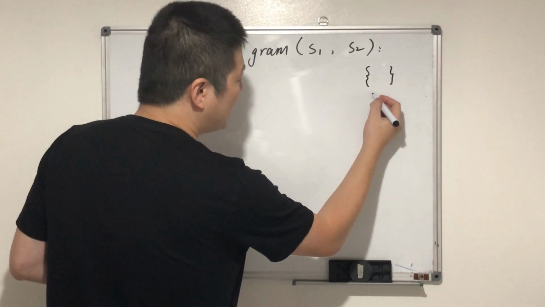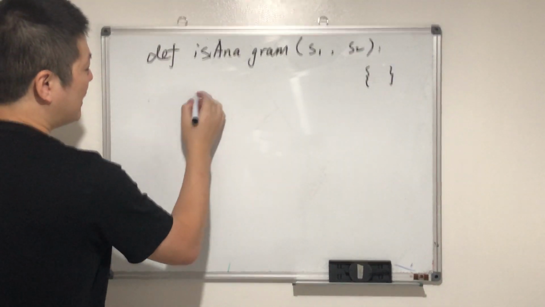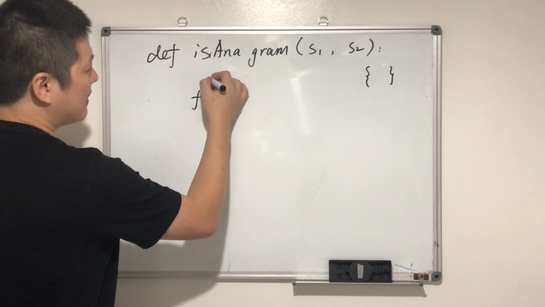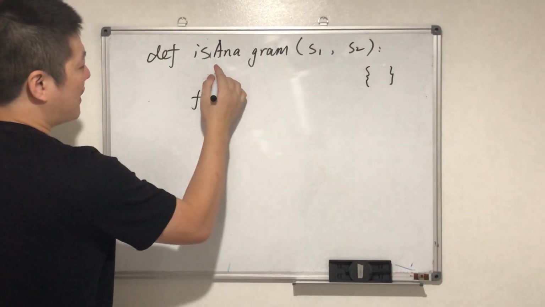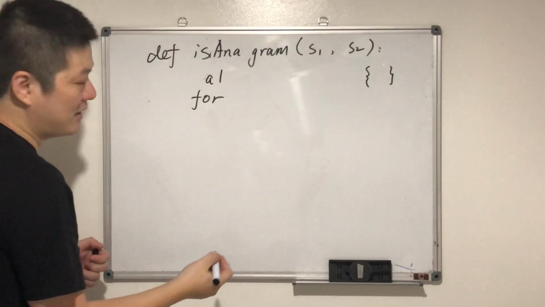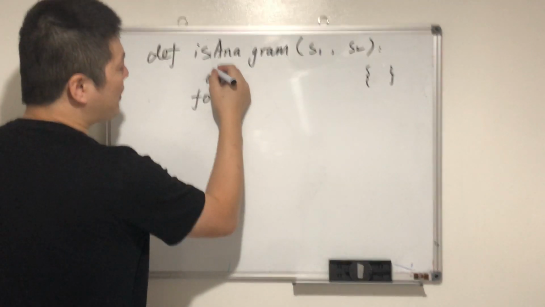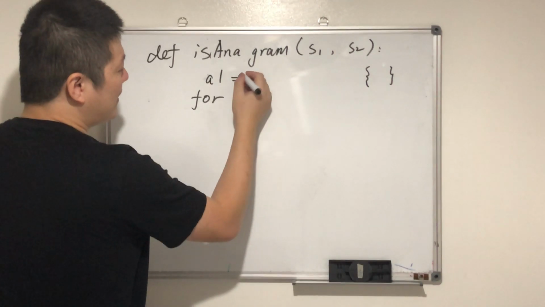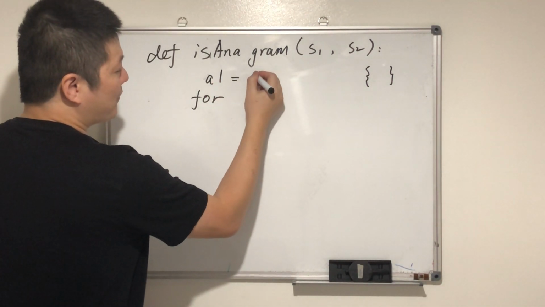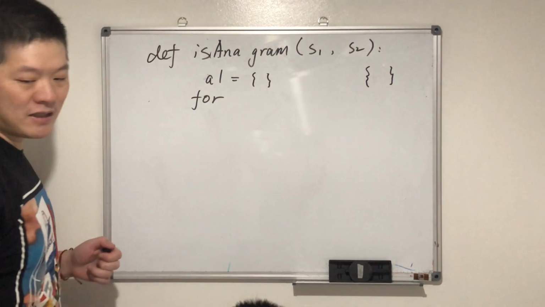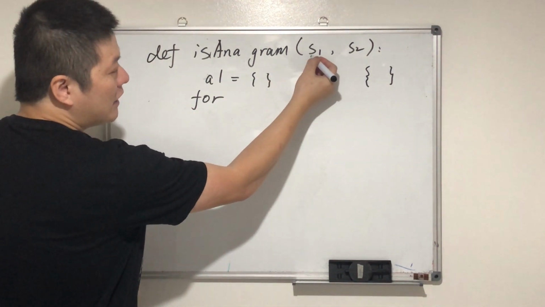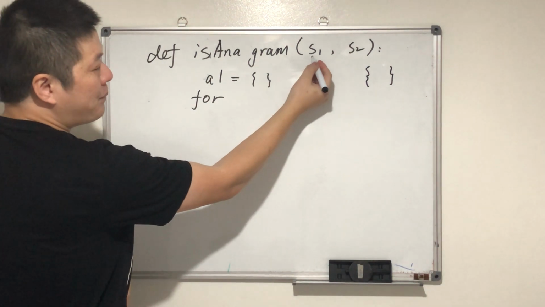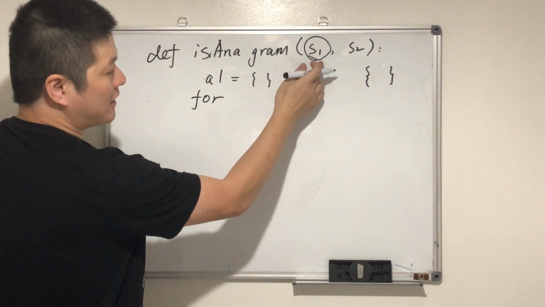So look, if we have this, let's call it A1, this curly brace, and then I iterate the characters in this S1.